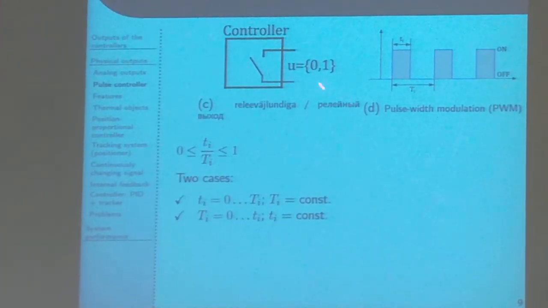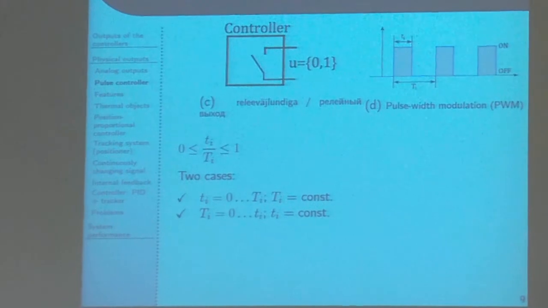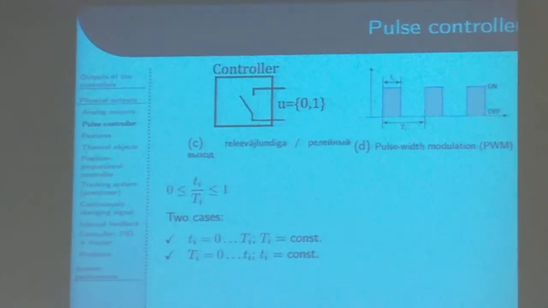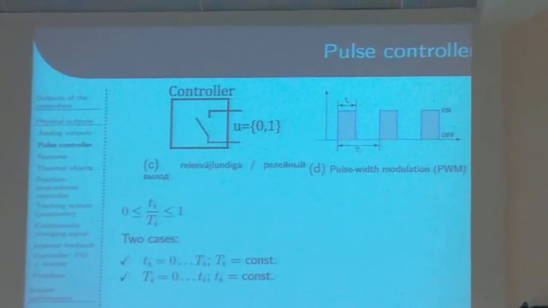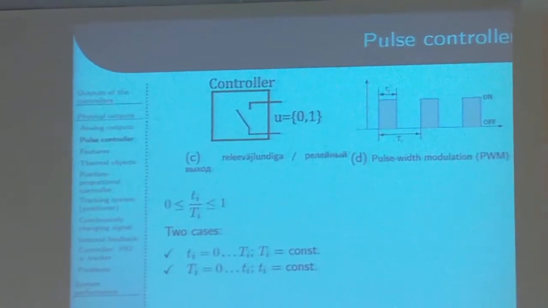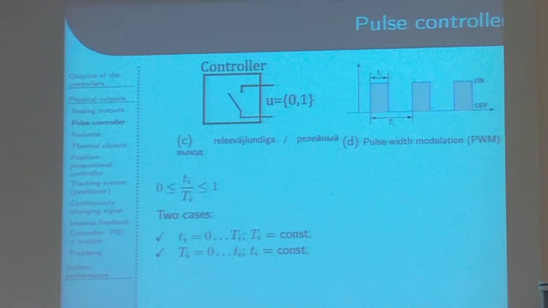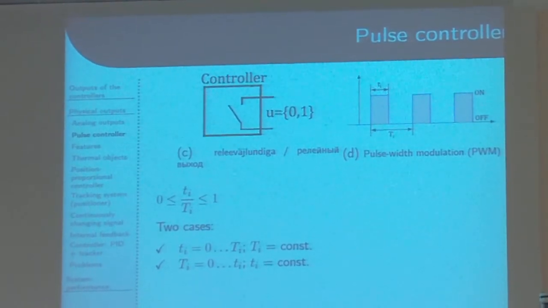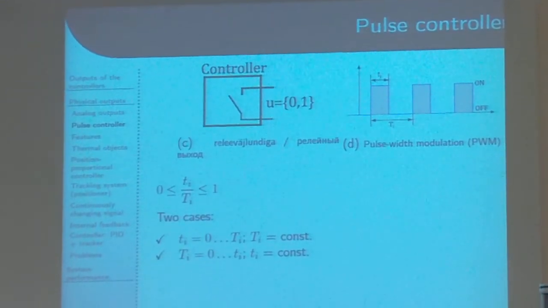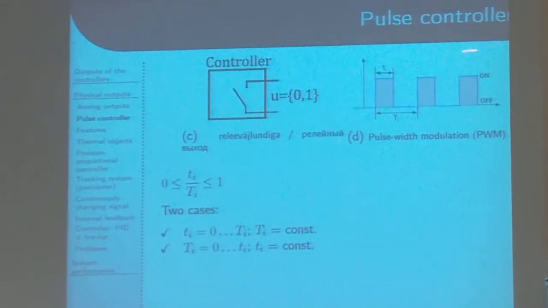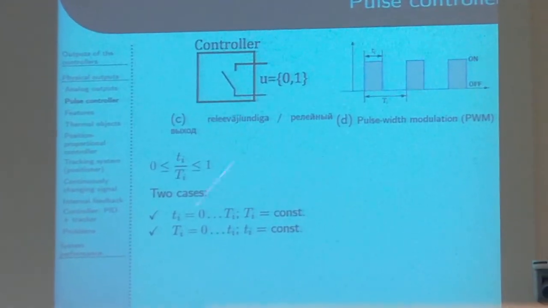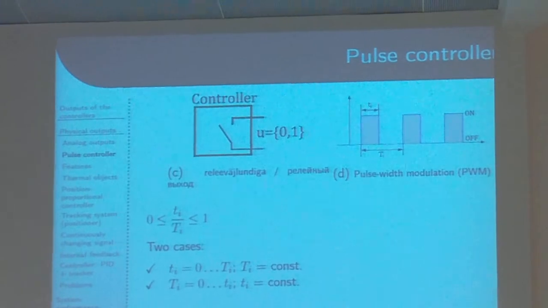So how can we manage the situation then? For example, in our control action we would like to obtain an output equal to 70%. In that case, we should use a technique called pulse width modulation.